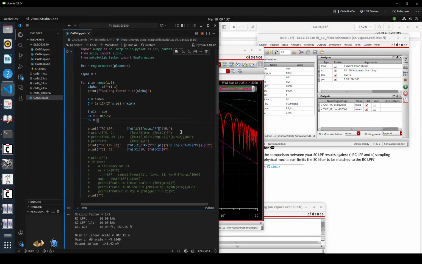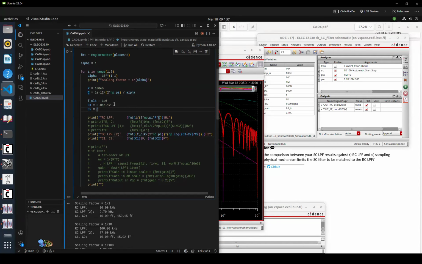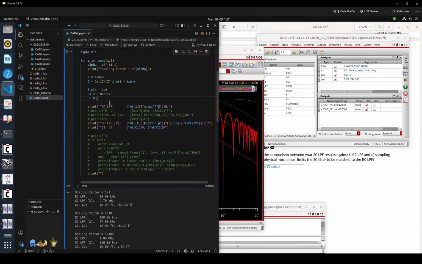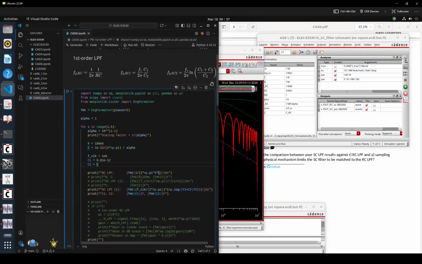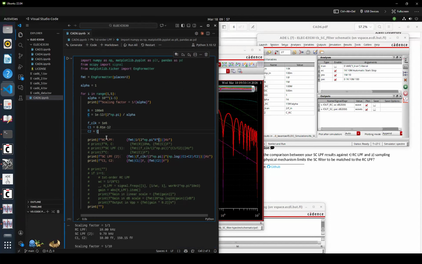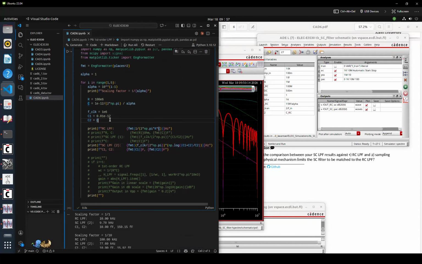And unfortunately, we need to do some manual tuning in this case. For example, our equation has C1 at the numerator. If we increase C1, then maybe we can increase the cutoff frequency. For example, if I set this way, it's too much. This way, or maybe this way.